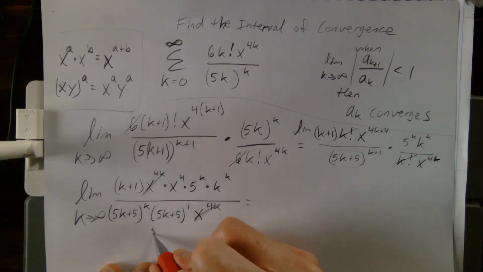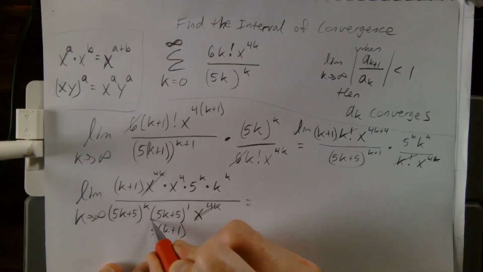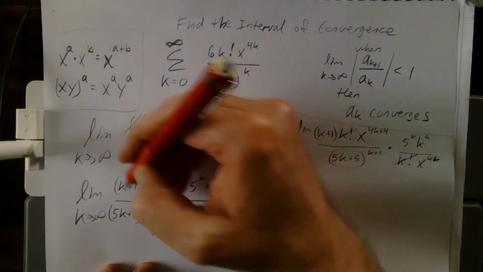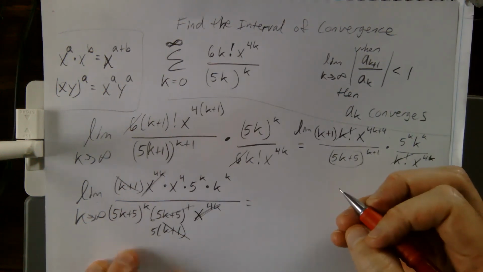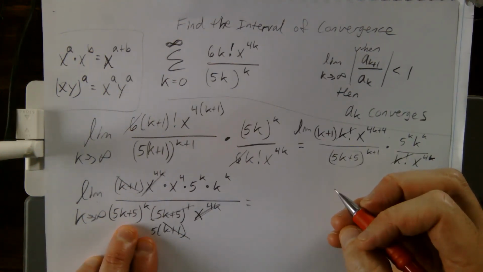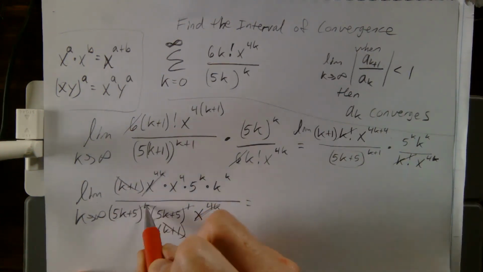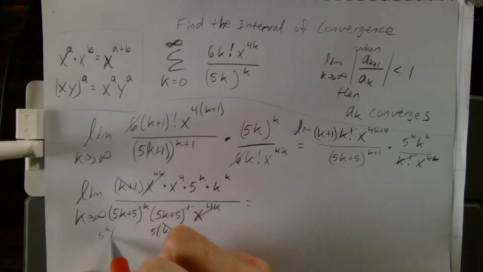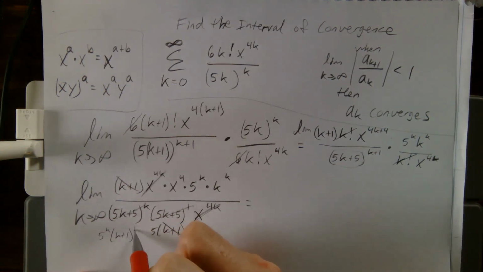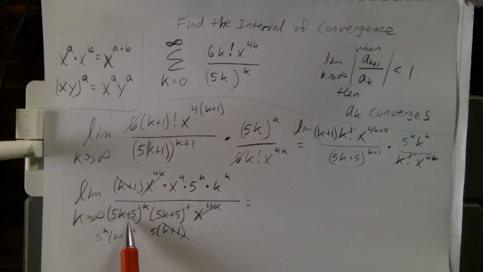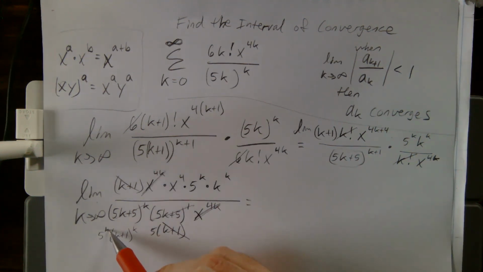This is actually 5 times k plus 1, which k plus 1's cancel. This is actually 5 to the k, k plus 1 to the k. Pull out a 5, and that becomes 5 to the k, and then you have left over k plus 1 to the k. 5 to the k's cancel.